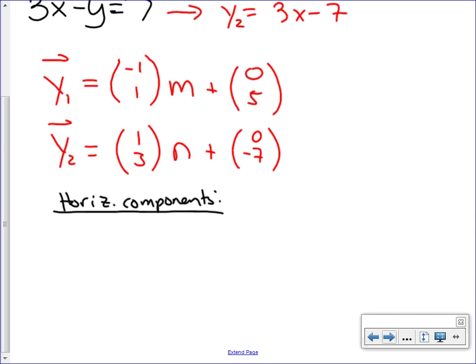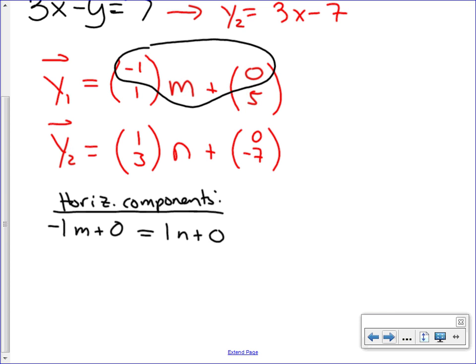So by horizontal, I mean negative 1m plus 0 has to be the same thing as 1n plus 0. Do you see what I did there? So basically, this should be the same thing as this.